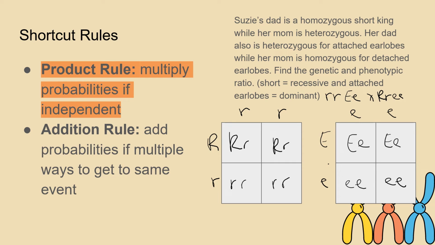So here's that. Then if we want to do the genotype, if we start with homozygous dominant for both, so here I'll write this out.